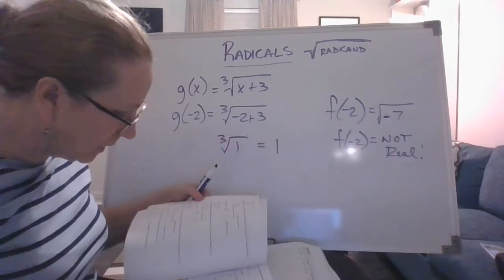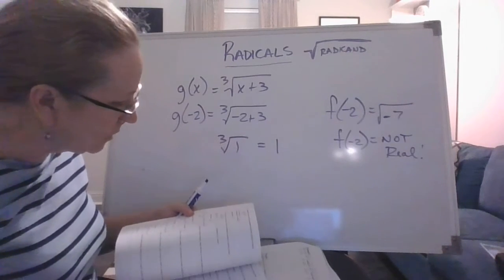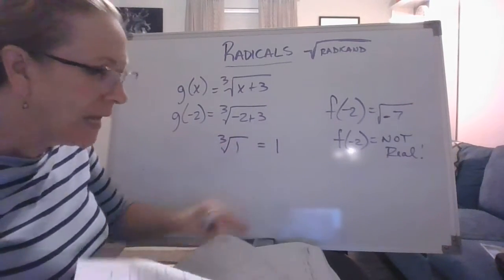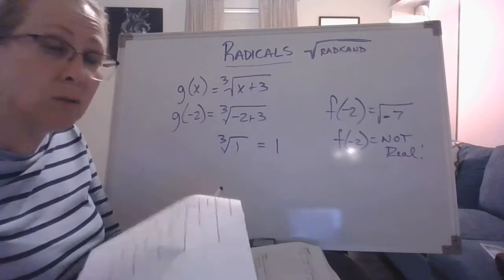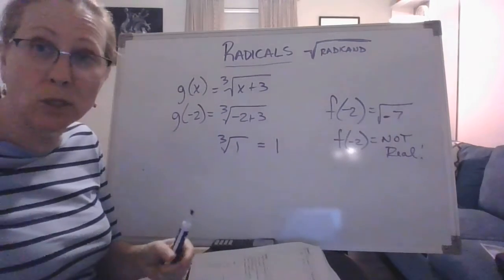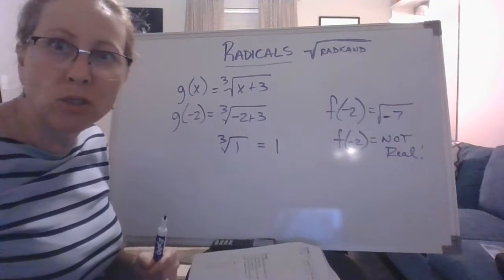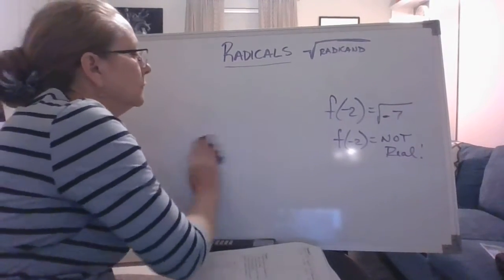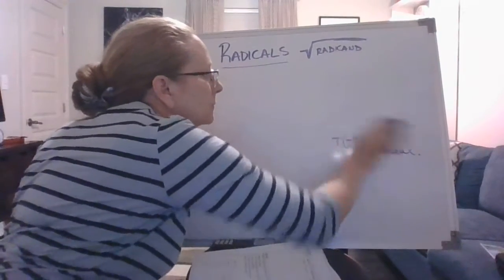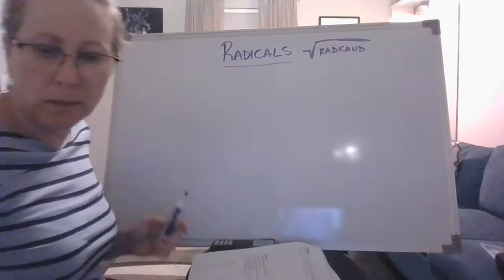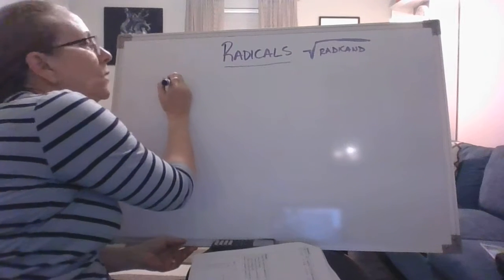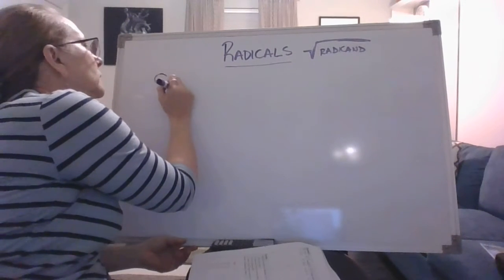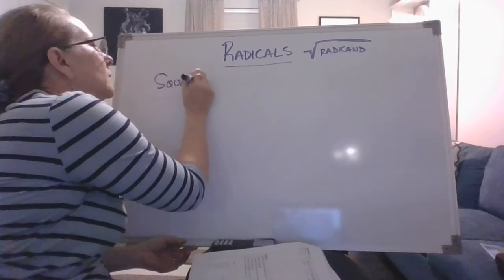Okay, so we've done all of the things that we're going to do in section 9.1, and at the end of the lesson, we're going to do something called simplifying radicals. And we're going to go back to just square roots. And this is where the fun starts. So let's do our squares again. Square number list.